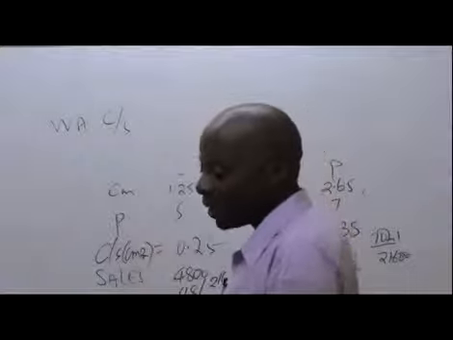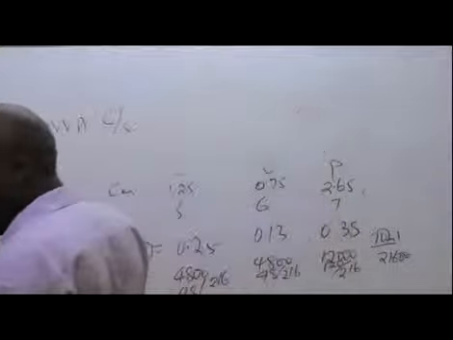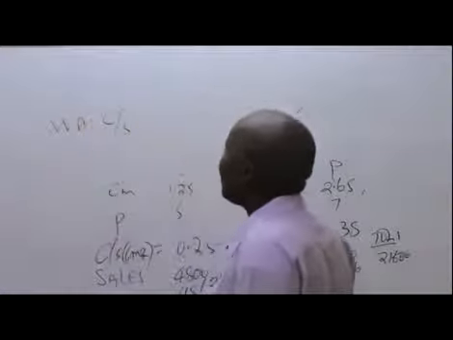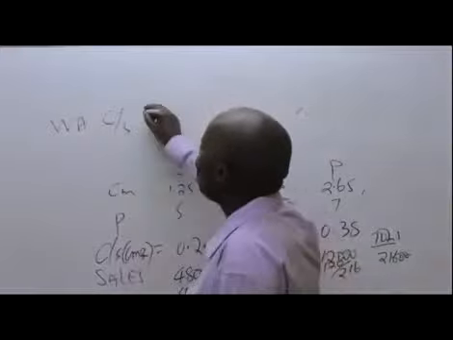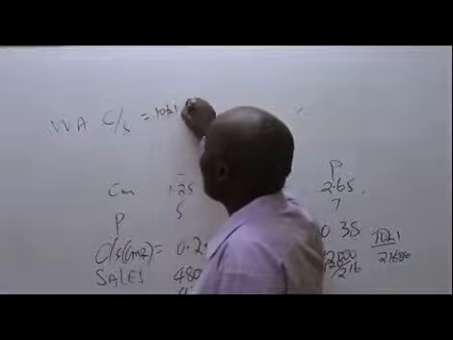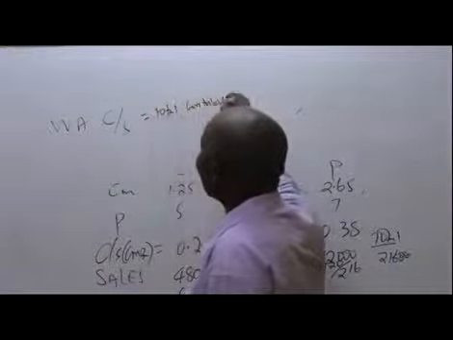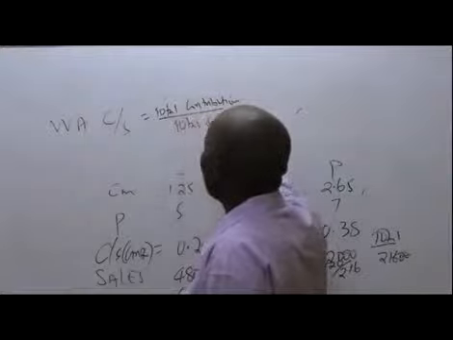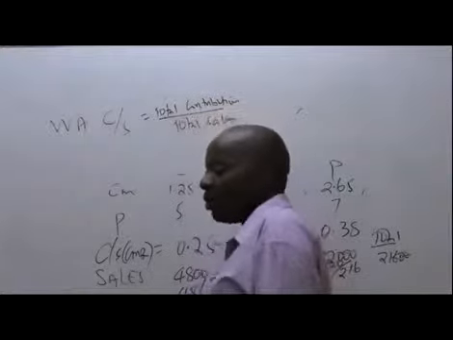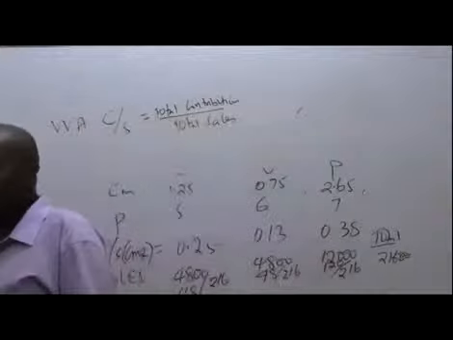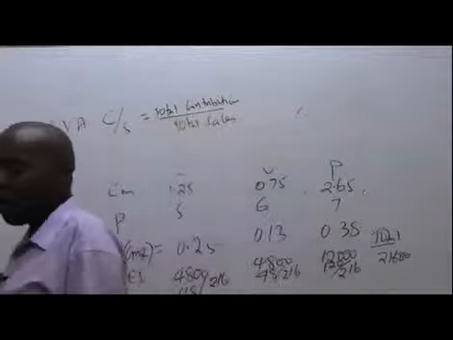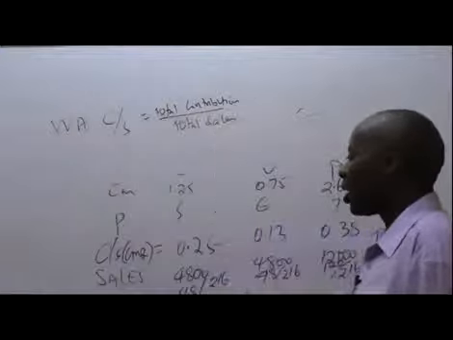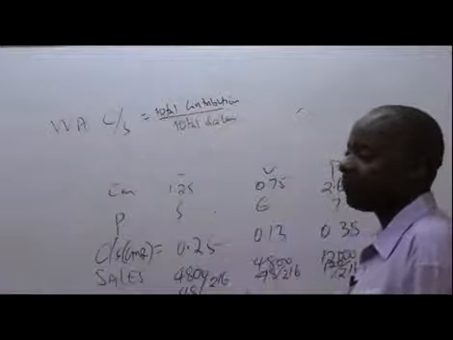To get the WACS, you use this formula that you'll never forget: total contribution over total sales. Total contribution over total sales.